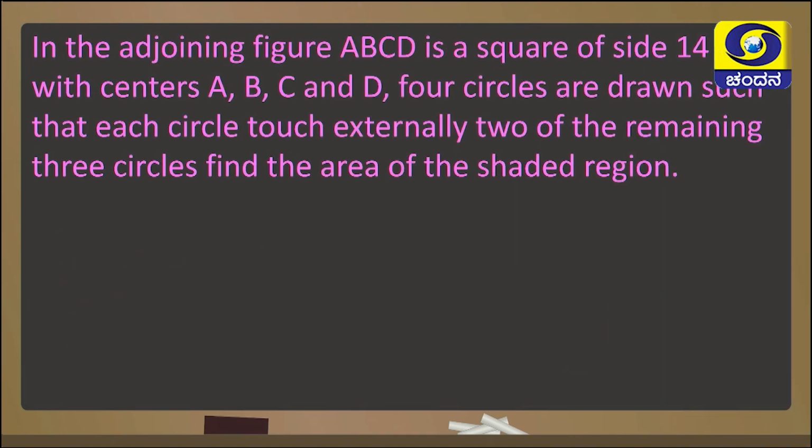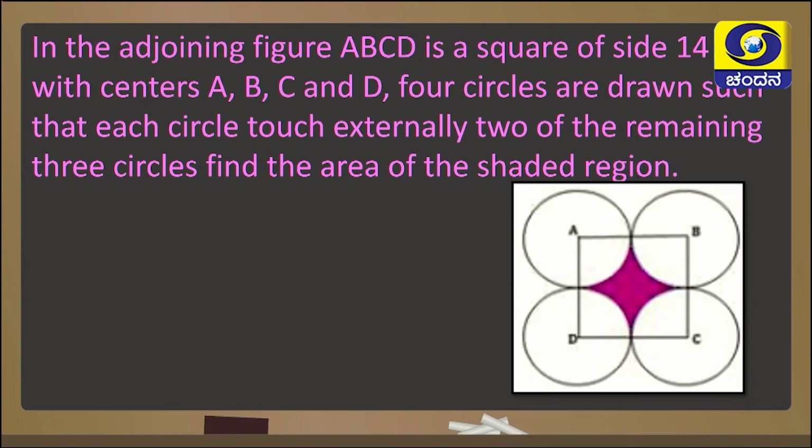Now, let us solve one more problem. In the previous problem also, you remember the figure as well as the final answer. Now, along with me you read the problem, children. In the adjoining figure, the figure is like this.